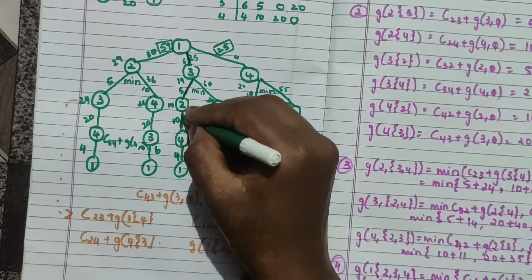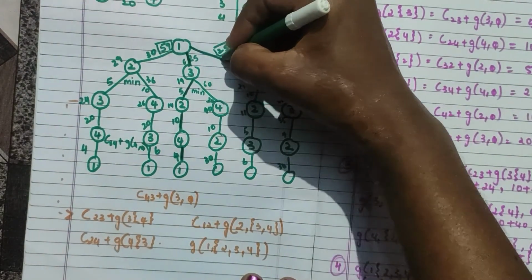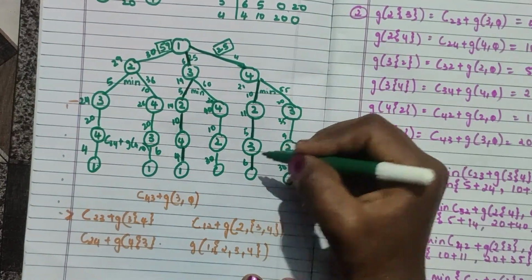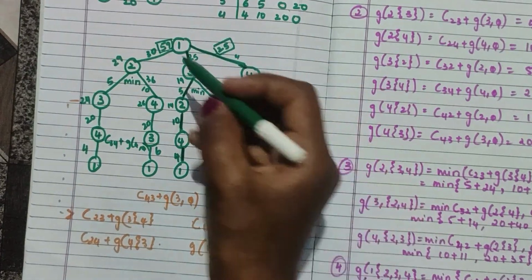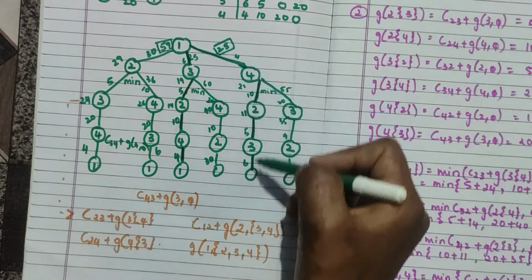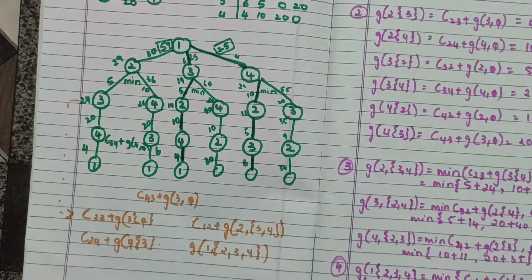This is one path with the shortest route, and the second one is over here. The path is from 1 to 3, 3 to 2, 2 to 4, and then 4 to 1, or 1 to 4, 4 to 2, 2 to 3 and 3 to 1. So this is the first path and this is the second path.